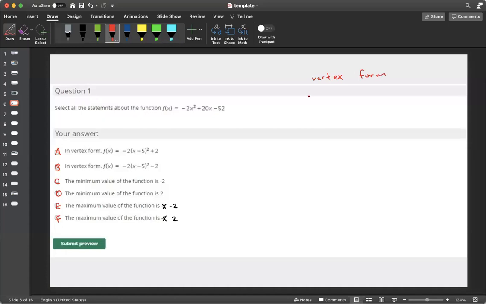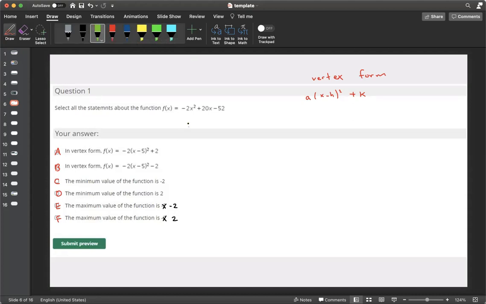We need to know that vertex form is our a times x minus h squared plus k. So when I look here, I'm looking at my answer choices. They give us two vertex forms that we can choose from, and then we have minimum and maximum values.